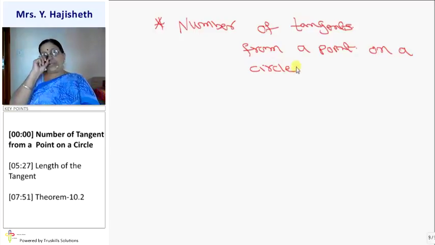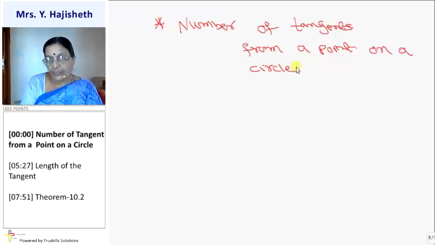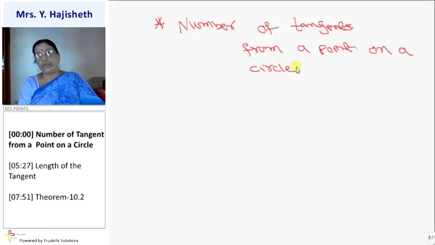So now we would like to know the number of tangents from a point to a circle. The point is an external point, it is outside of the circle. How many tangents can be drawn? The point is anywhere. It can be outside of the circle, it can be inside the circle, it can be on the circle. How many tangents can be drawn to the circle from any point?